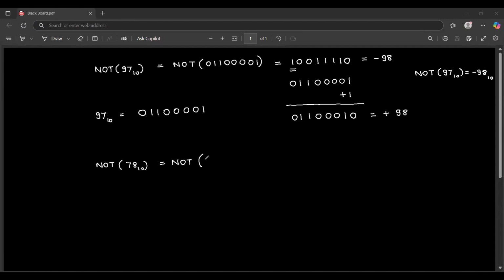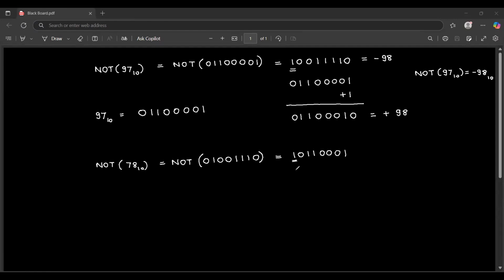So 78 is a positive number. So 0, 64, no 32, no 16. That is a 8. So it will be 72, 76, 78, no 1. And if you convert it back, it will be 1, 0, 1, 1, 0, 0, 0, 1. It's like ones complement. Now, since the first bit is negative, you have to find the ones complement again.